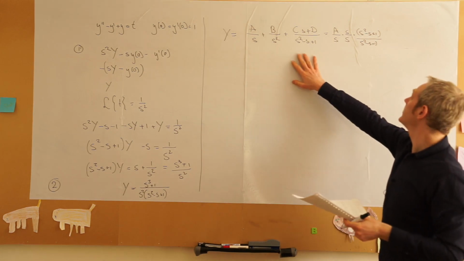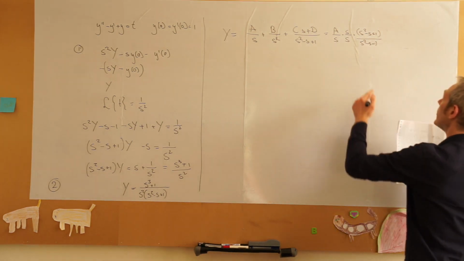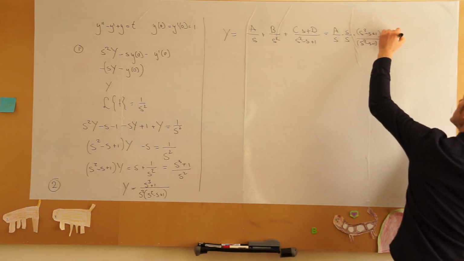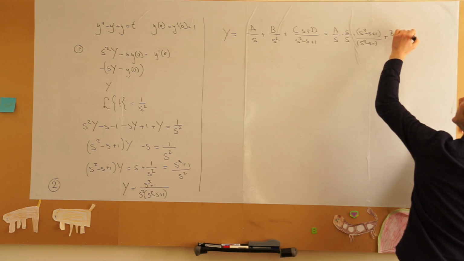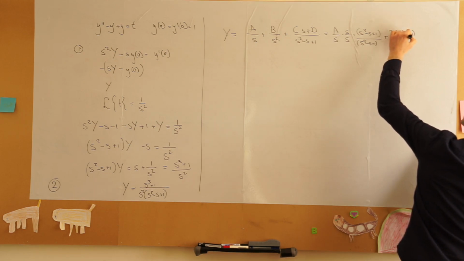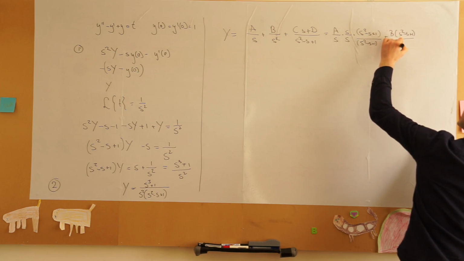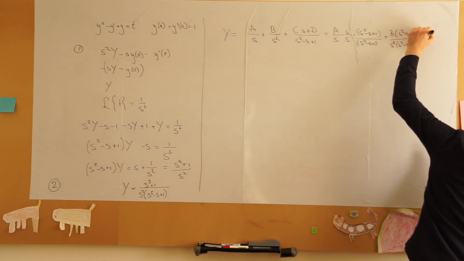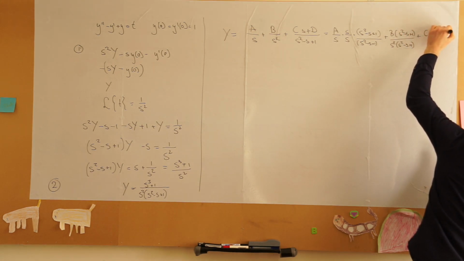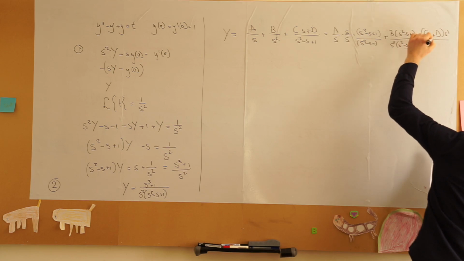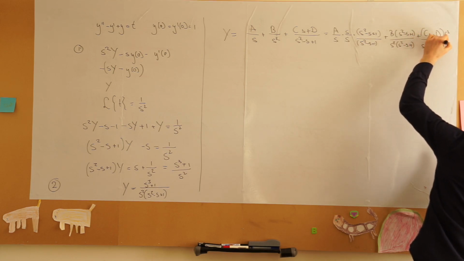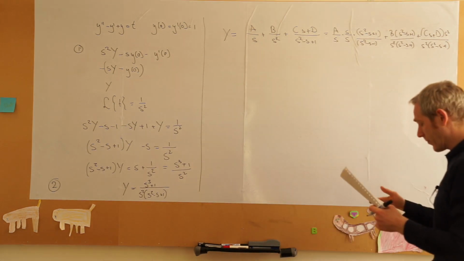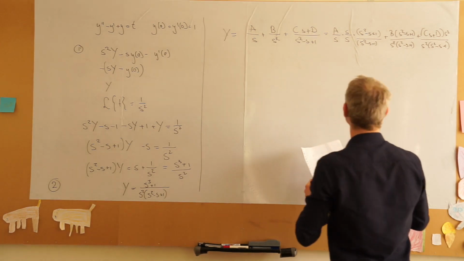So this is the first factor, so that now it has the same denominator as the original one, plus B times s squared minus s plus 1 over s squared, and that same denominator, plus Cs plus D times s squared, and now we have all the three fractions with the same denominator. Now, this seems like a lot, but let's clear this up.